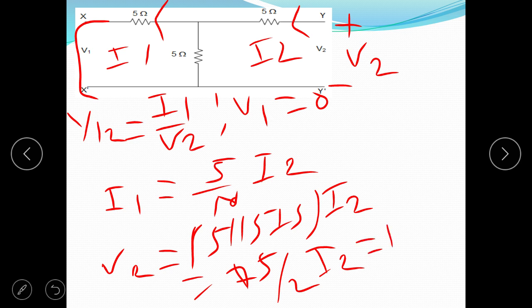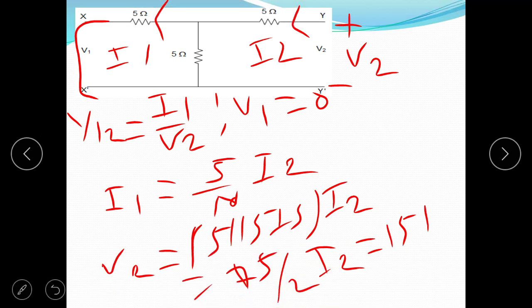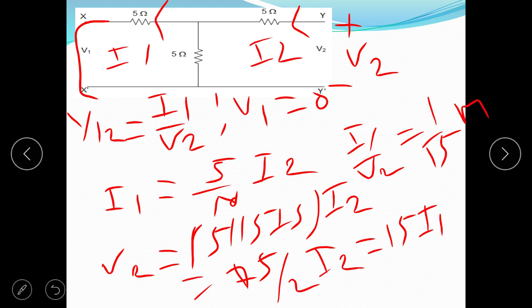So we find 15 into I1. So the value of I1 upon V2 is equal to 1 upon 15. The value of Y12 is equal to 1 upon 15. Unit is mho.